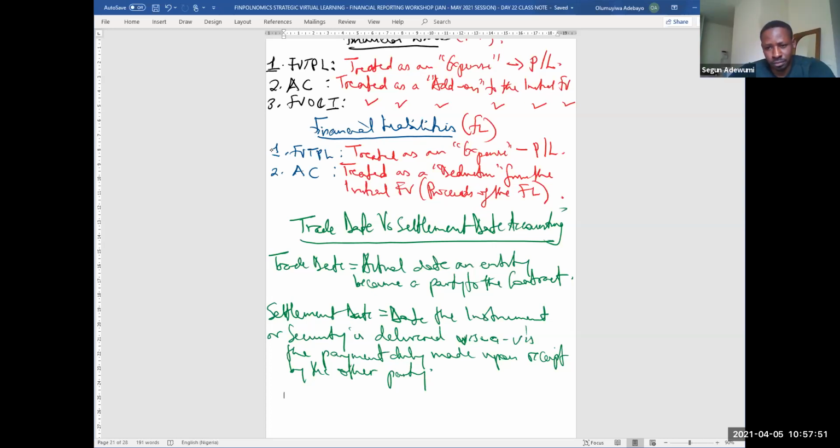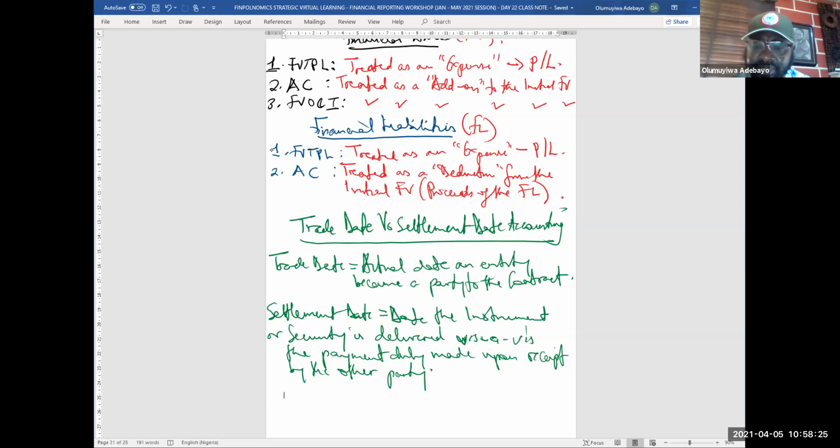Depending on the exchange, it could be T plus 1, T plus 2, T plus 3. What it means is trade date plus 1 day. IFRS 9 gives us allowance, because the dates are not far apart, 1 or 2 days, so it doesn't make any significant difference.